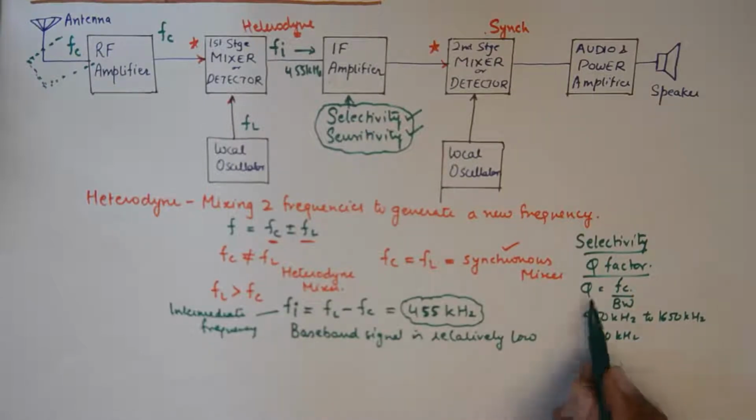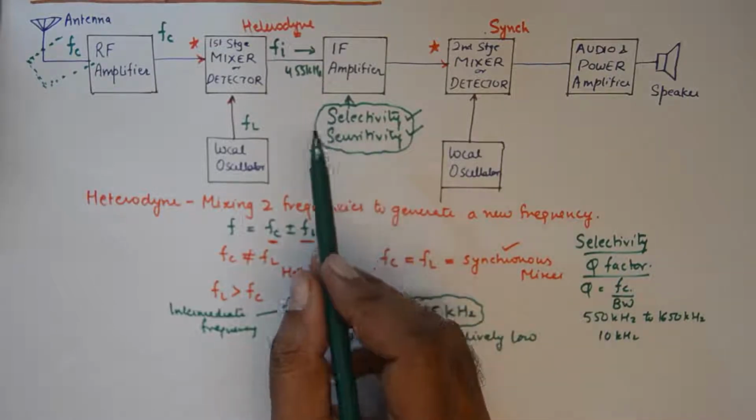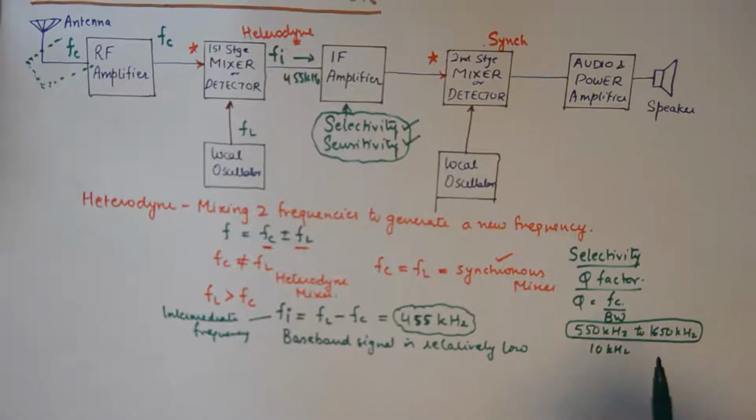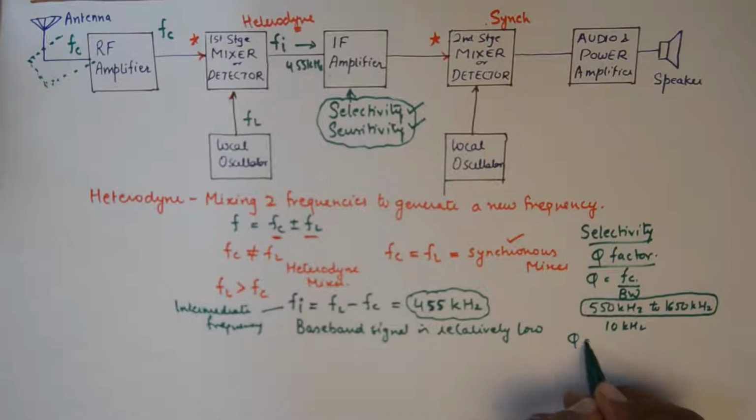So if we were to find the range of Q factors that this amplifier would have needed to cater to all the central frequencies between 550 kilohertz and 1650 kilohertz, then the Q factor range would have become 55 to 165.